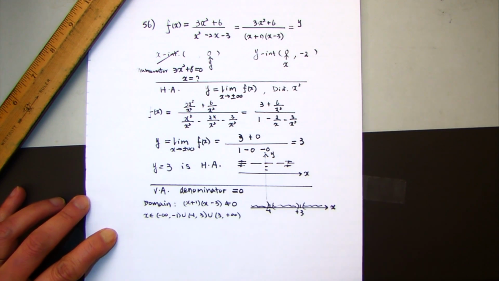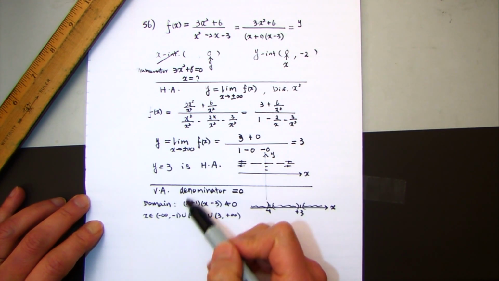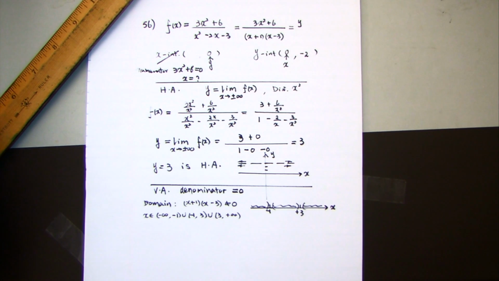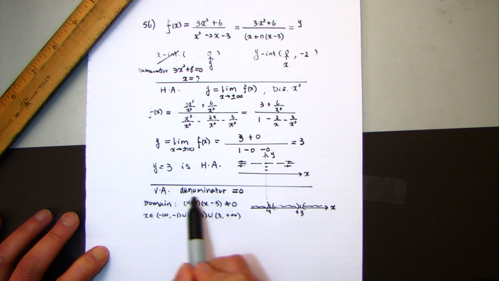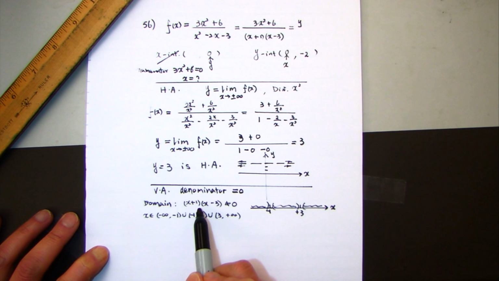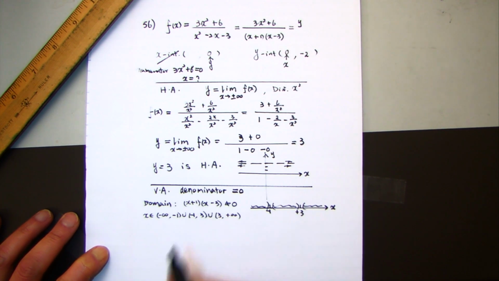What happens to me? You see these two pieces of information are related. So the vertical asymptote is where the denominator equals 0: x equals negative 1 and x equals positive 3.